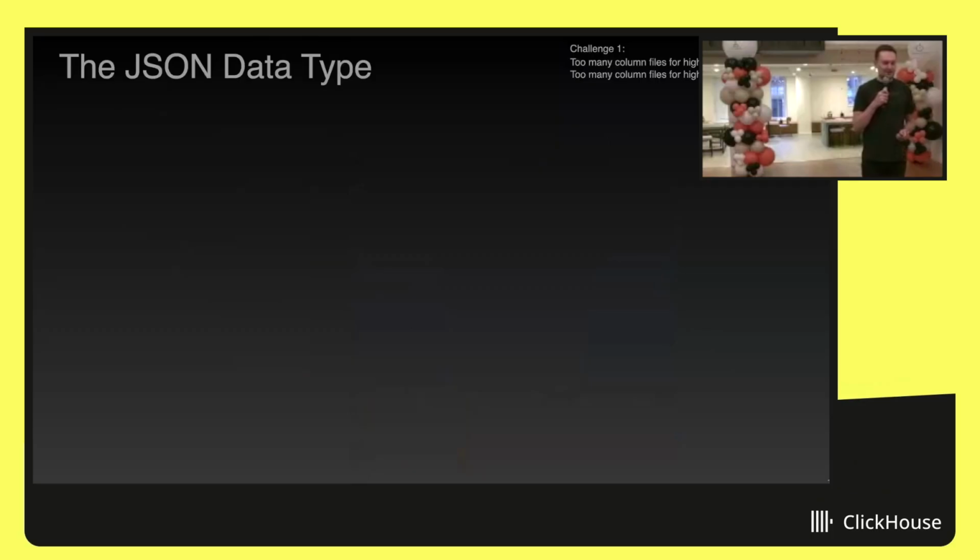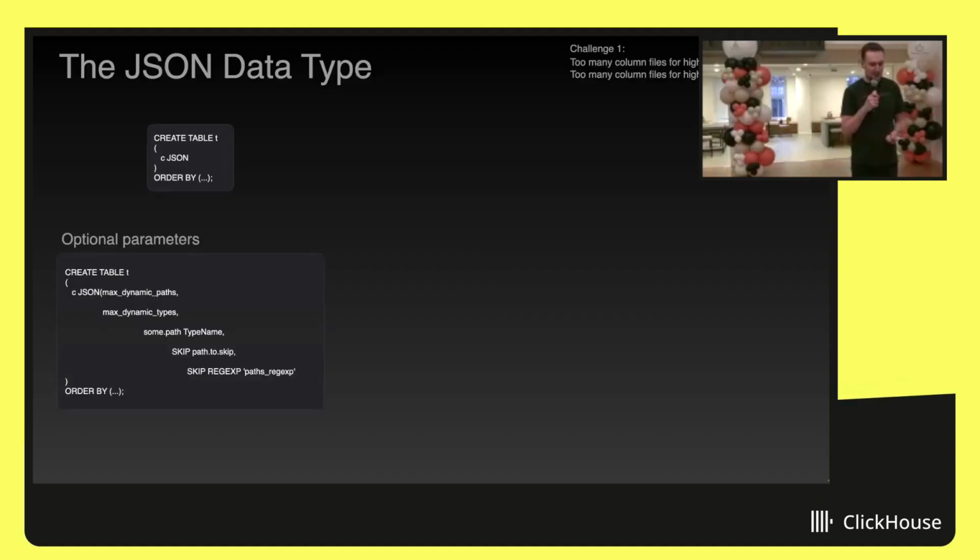Okay, now about the JSON data type, how does it work? So let's suppose we have this table with a single column of type JSON. It can be as simple as you see above, or you can specify some parameters like the limit on maximum number of paths, the limit on maximum number of types inside a single key.